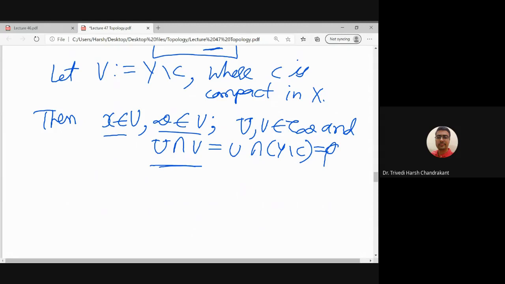So finally this will give us that Y is a Hausdorff topological space.